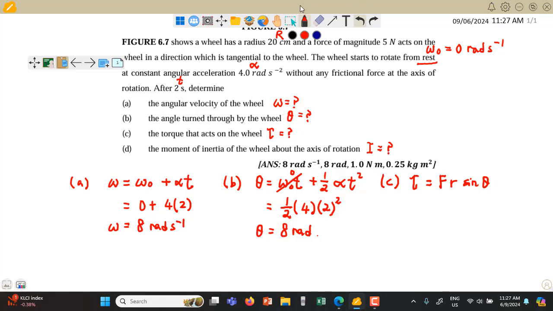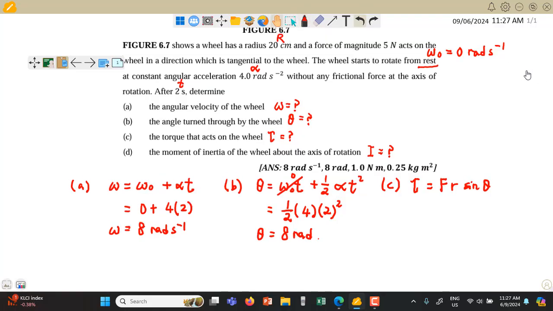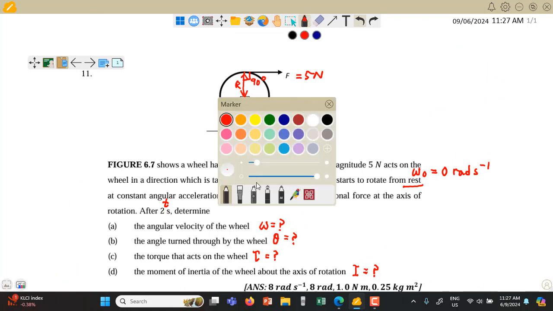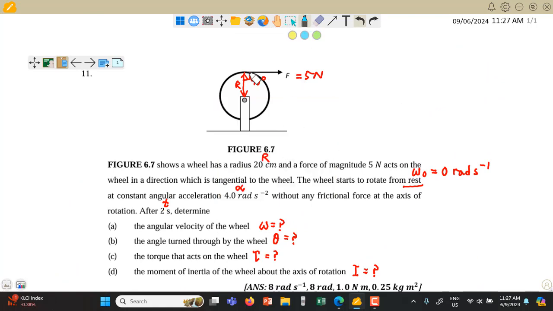If we refer back to figure 6.7, you will notice that this is the force that we apply and this is the axis of rotation. How far is the force applied from the axis of rotation? The distance is corresponding to the radius of the wheel, 20 cm.